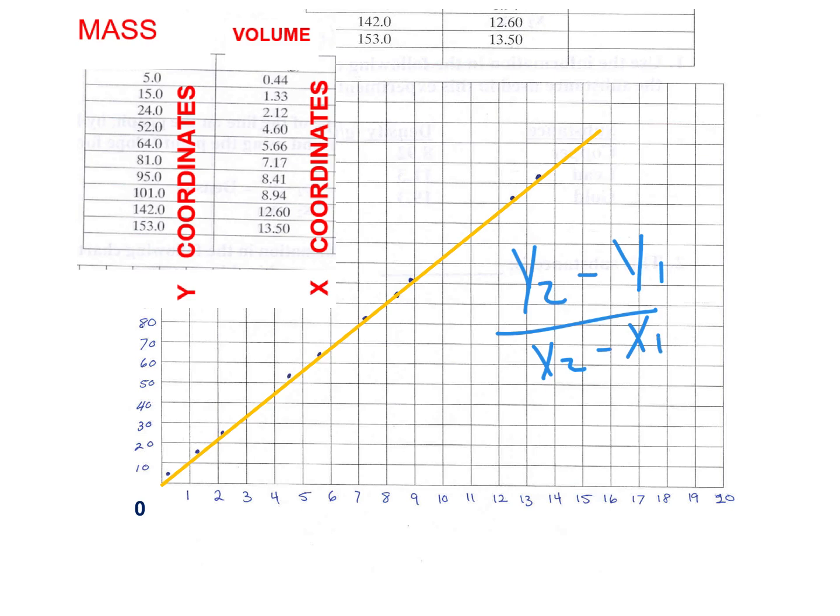And once you get your slope, that's going to give you the density of the substance, and then answer the question on the back of the paper about identifying what that substance is.